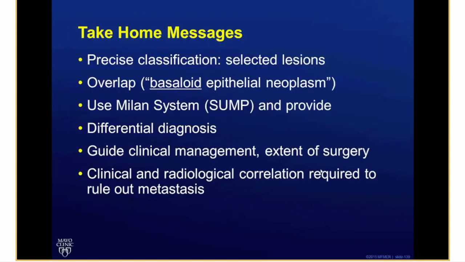So we're finishing up this didactic lecture. I just wanted to point out that precise classification is not possible for all lesions. If you don't have all features, you might be better off using the Milan system, describing that you're sure you're dealing with a neoplasm and providing the differential diagnosis.